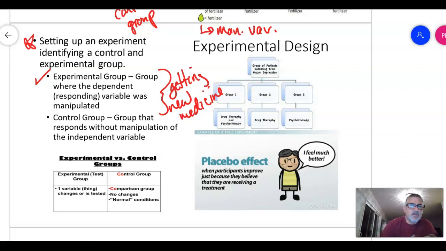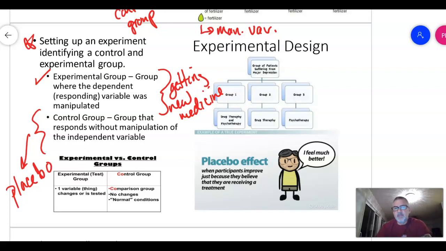In my control group, maybe some getting the placebo. And the placebo they call a sham treatment. Right, so they get salt water instead of a medication in their injection.